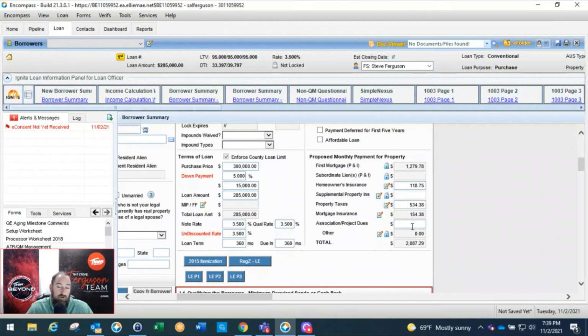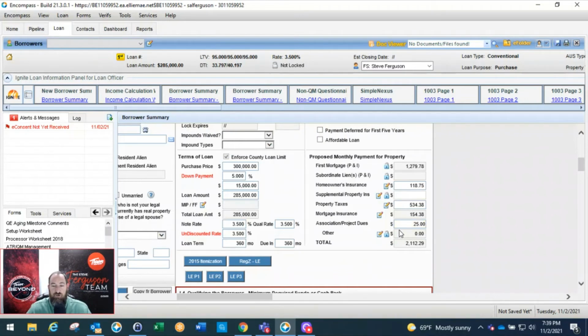If you buy a home with a homeowners association, you've got HOA dues that are due every month or every quarter or every year. We have to include those dues in your total debt to income ratio calculation as well. So let's just assume that you've got a community pool and your HOA is $25 a month. So we're going to add that into your mortgage payment.